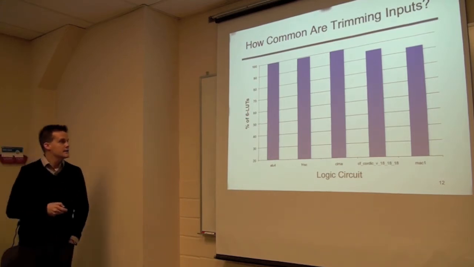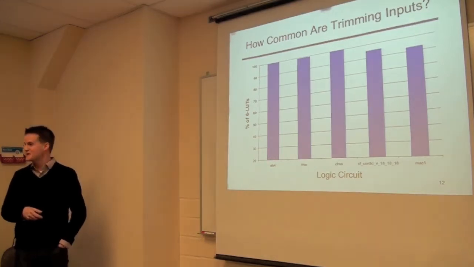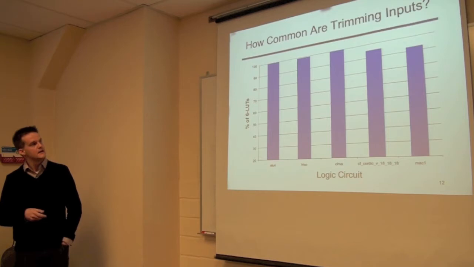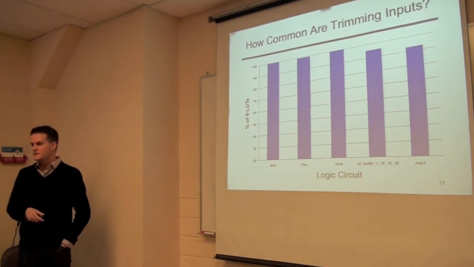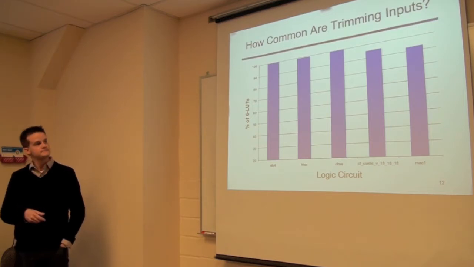These trimming inputs were extremely common, especially in the MC-NC circuits, and maybe less so in other circuits. I'll show that in the results. But more than 90% of 6 LUTs in the mappings had a trimming input.